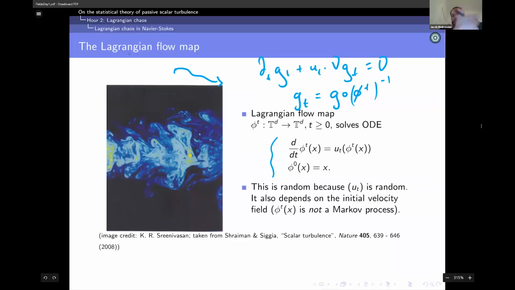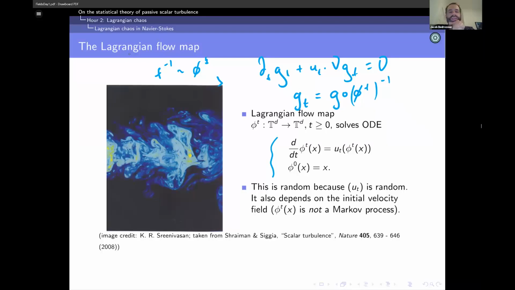So it's like composition with a Lagrangian flow map from one time to the next time, over an interval, basically. And that's what we want to take advantage of. So that gives us a hint. What is it about the Lagrangian flow map that we need to prove?